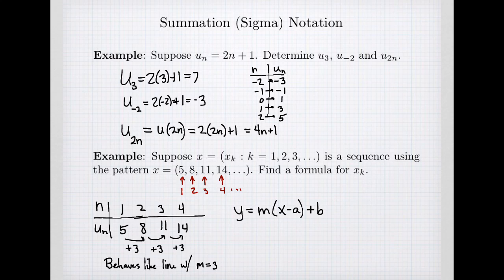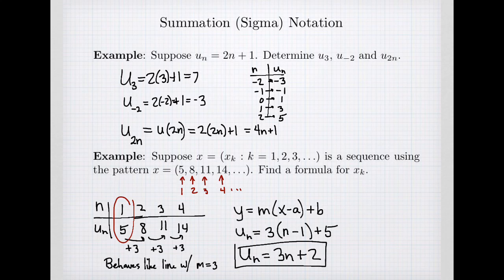I'm going to do the same thing for my sequence, where u sub n is my slope, 3, times my independent variable, which is my index, and then I'm going to pick the first point in my pattern. And so what I get is a formula that my sequence is 3 times n minus 1, plus 5, which gives me 3n plus 2.